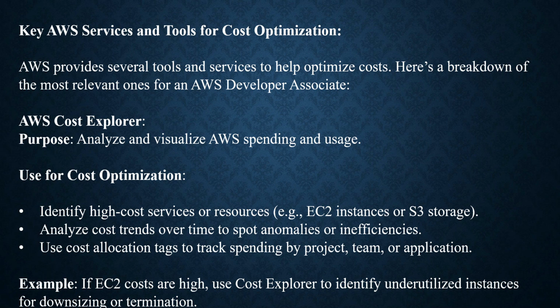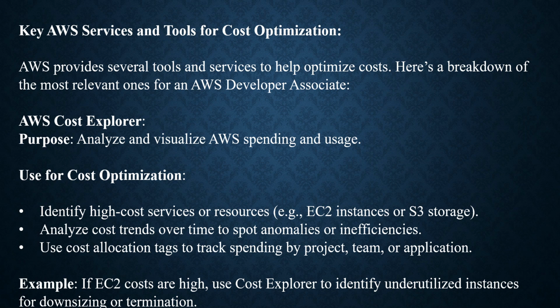The purpose of it is to analyze and visualize AWS spending and usage. Used for cost optimization, it identifies high-cost services or resources. It analyzes cost trends over time to spot anomalies or inefficiencies.